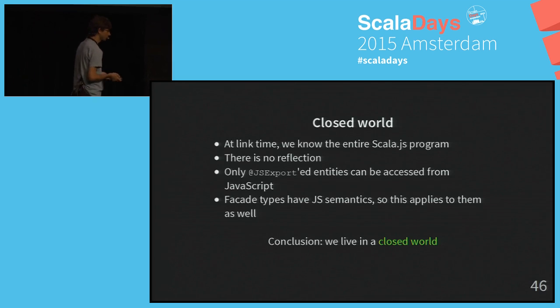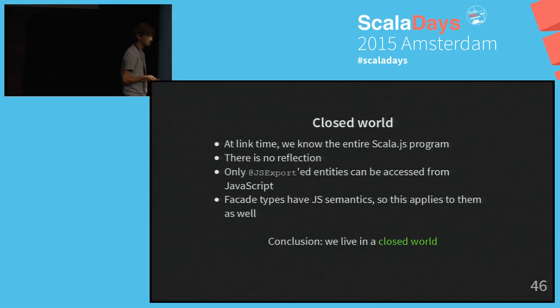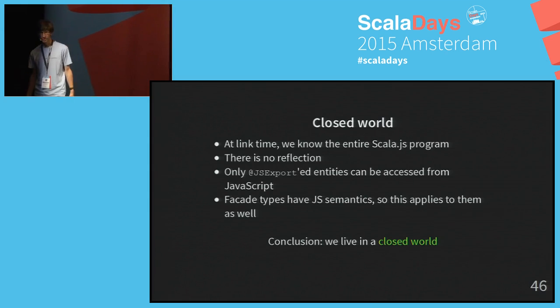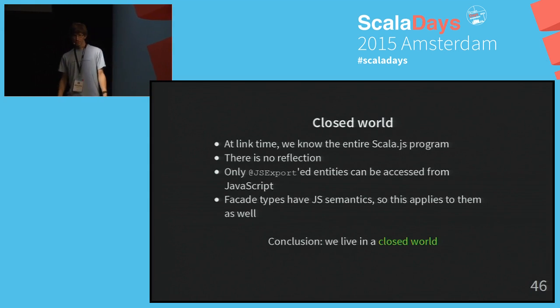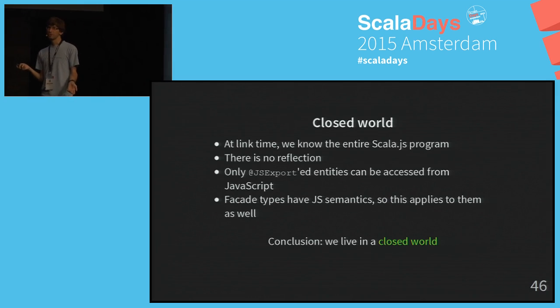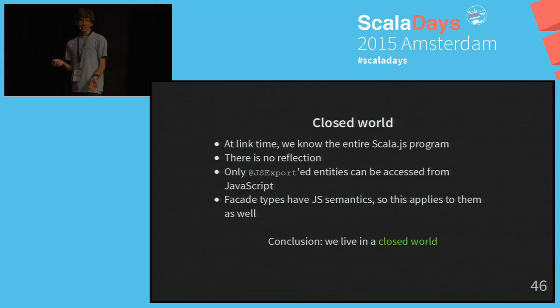It also knows that there is no reflection, because Scala.js doesn't have any kind of runtime reflection. It has compile-time reflection, macros and stuff, but no runtime reflection. So the only things that can be accessed in a reflective kind of way are JS exports, because you never know what JavaScript is going to do, but you know that it can only call exported stuff.